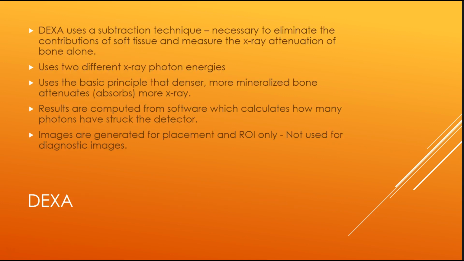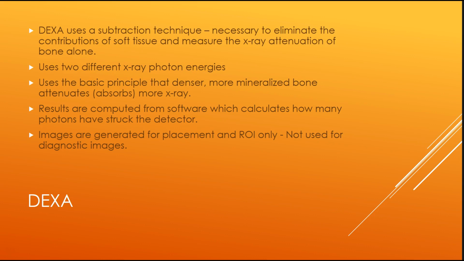DEXA uses a subtraction technique. So it takes 2, not exactly pictures, but 2 readings of the X-ray going in at different kilovoltage. One is a higher beam, and however many photons hit the detector, that amount is subtracted from a lower beam.